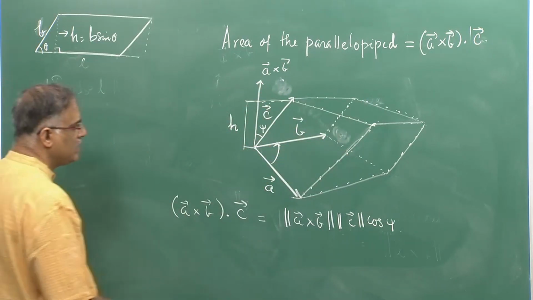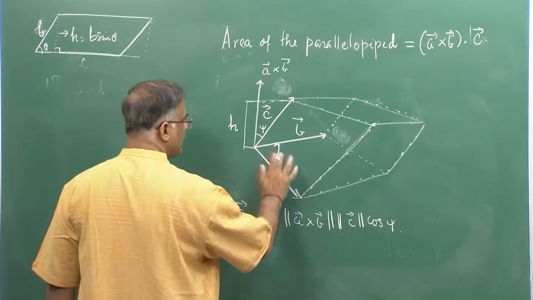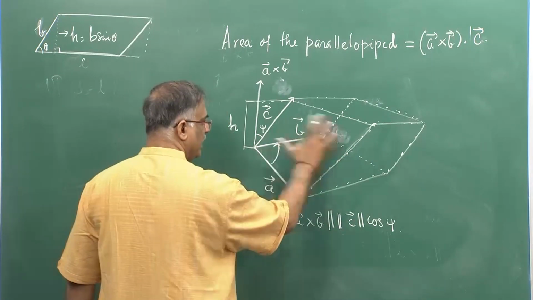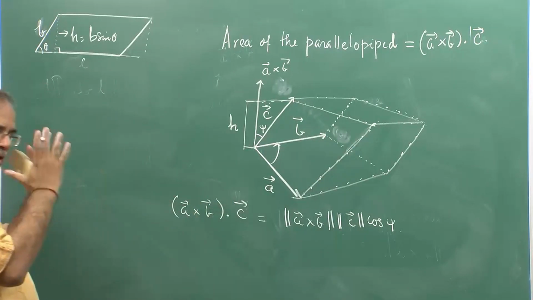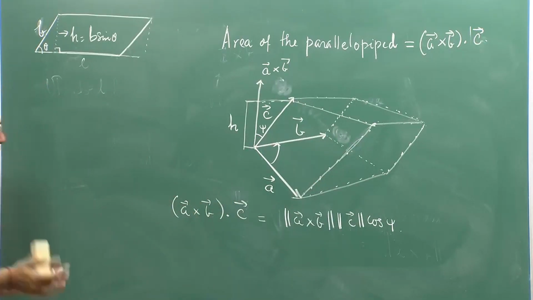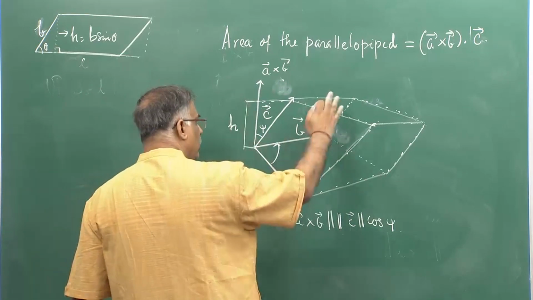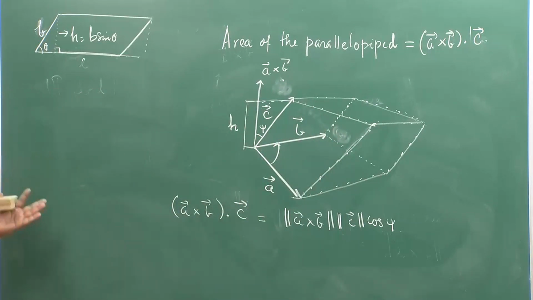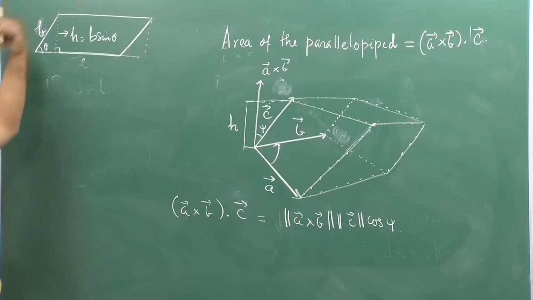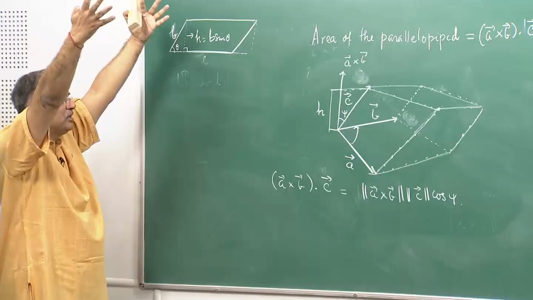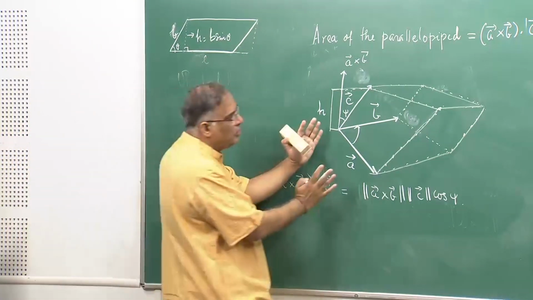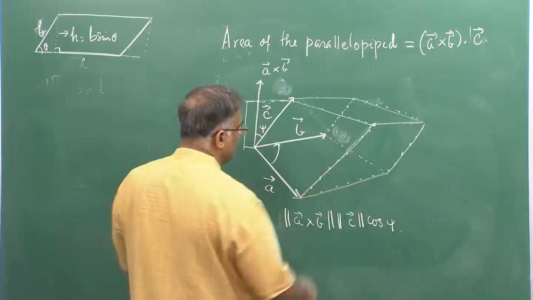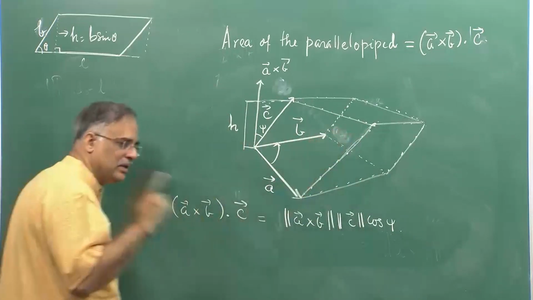So if I take the area of the base rectangle and multiply it by the height, I get the volume of the rectangular parallelepiped. And by Euclid's geometry, though it is 3 dimensional, you can just take a leap in the imagination and know that the rectangular parallelepiped standing between the same two bases and this parallelepiped must have the same volume.